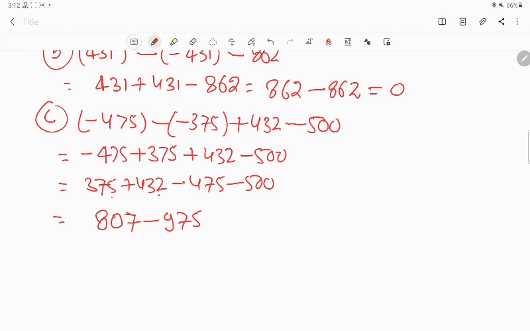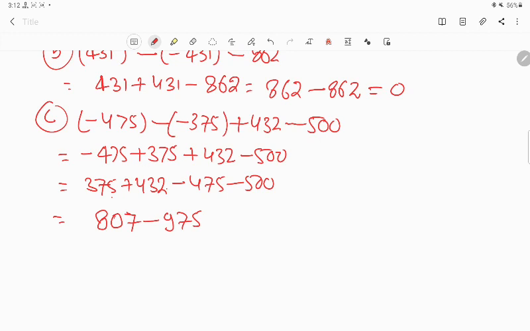See here, minus 475, 375, 400 are all correct here. See, this is the number 375, 432.